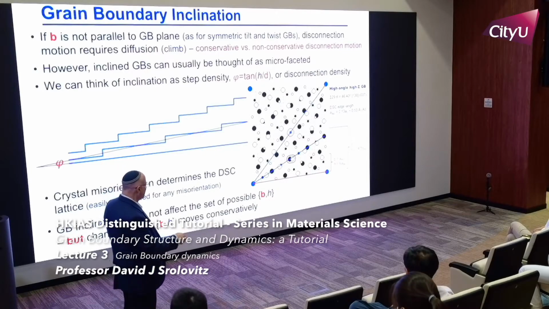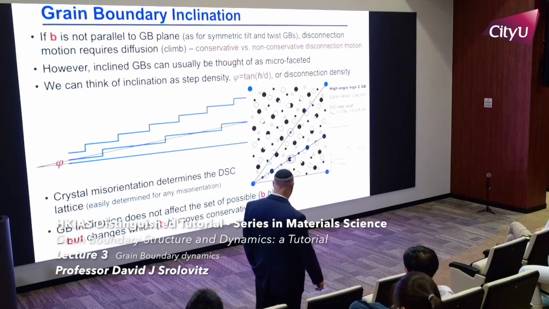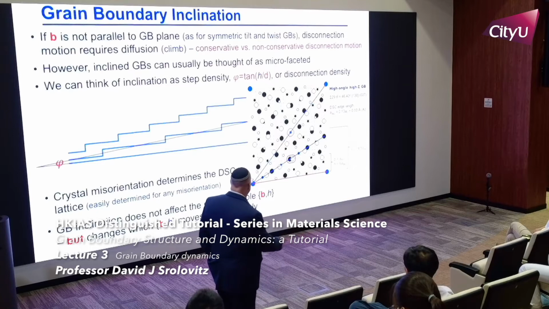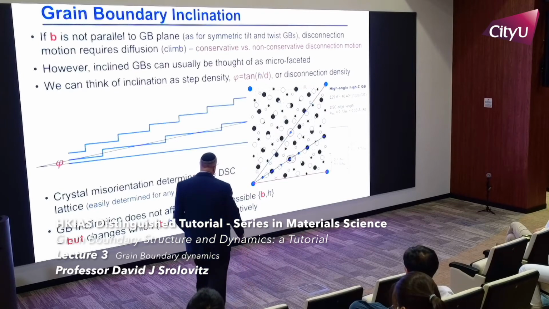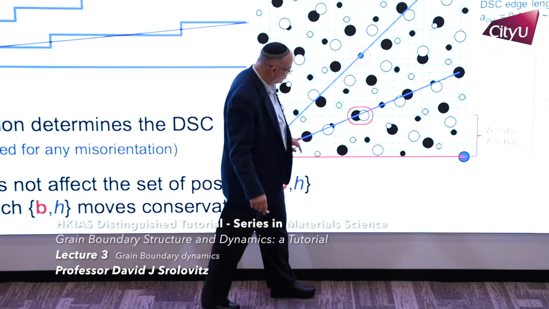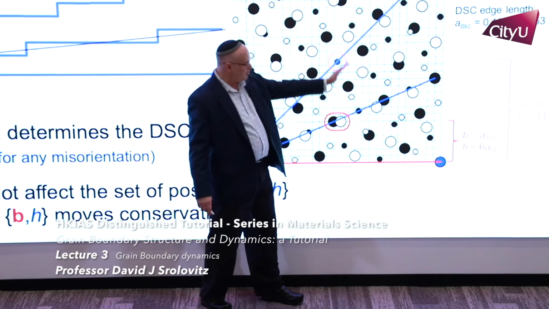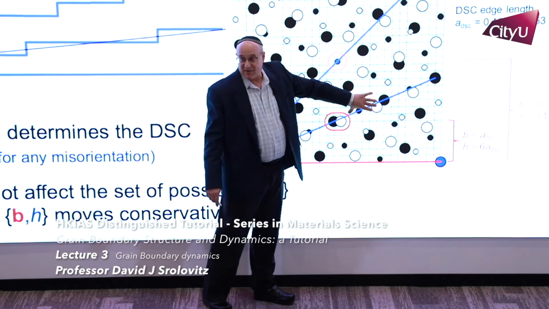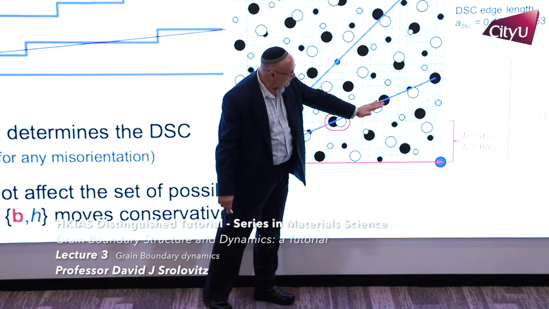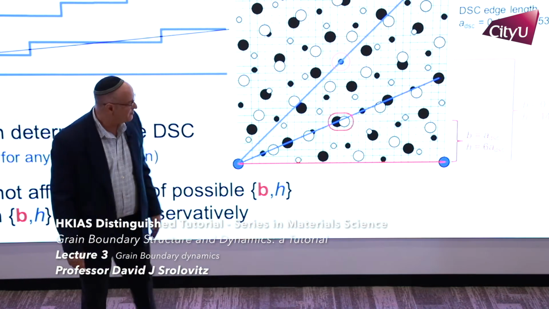It's sigma 29, so 1 out of 29 atoms is in coincidence in the plane. And now I could create boundaries with any inclination I want, because if I draw a blue line here, throw out all the black atoms here and all the white atoms above here, then I have a grain boundary which is sigma 29 with this misorientation and this inclination.